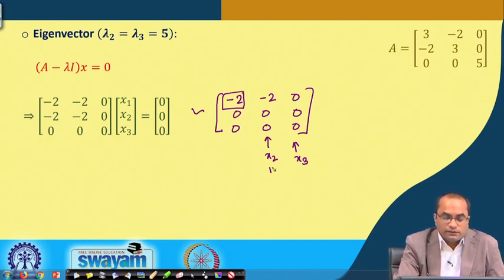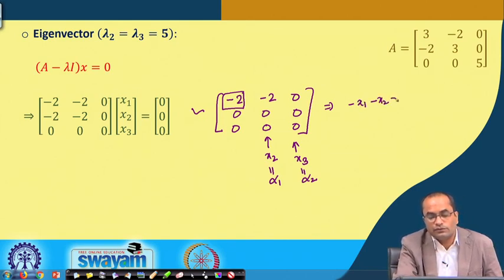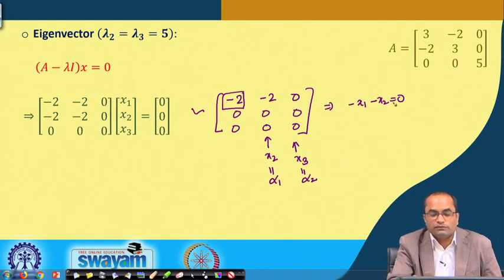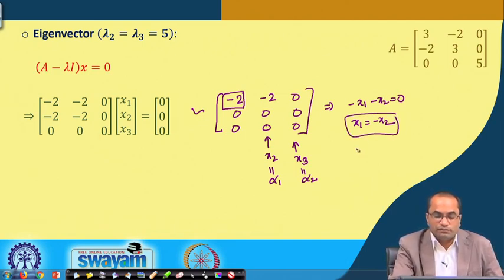Let us take alpha 1 here and alpha 2 here. Then from equation 1, we have minus 2 x 1 minus 2 x 2 is equal to 0, meaning x 1 is minus x 2. So, that is coming from equation number 1, and x 1 is minus alpha 1.